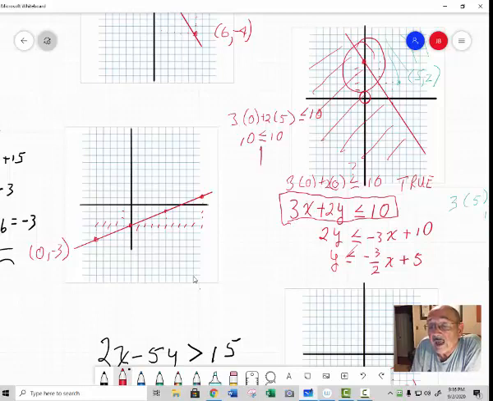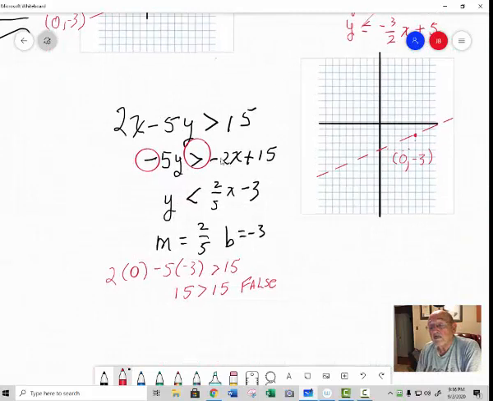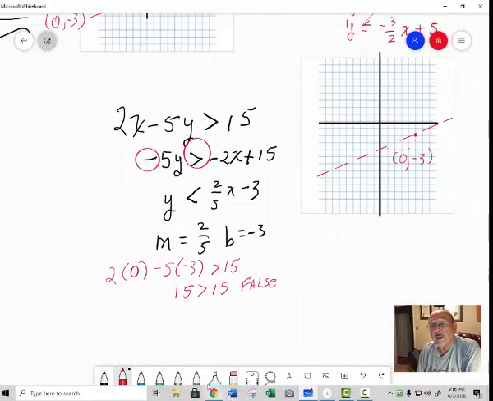Okay, so now what? Well, go back to what I said. Take this number right here. That's 0, 0. Well, to shorten it, the question is 0 bigger than 15? And the answer is no, it's not. So that means that 0 is not on my graph, and it would be all of these points down here.